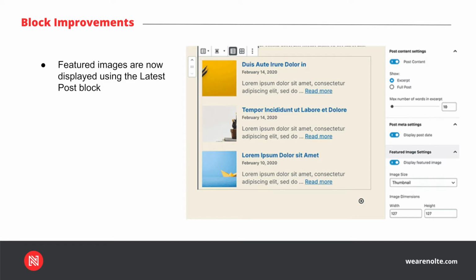And the last block improvement is in the latest posts block, where you can now display the featured image of each post.